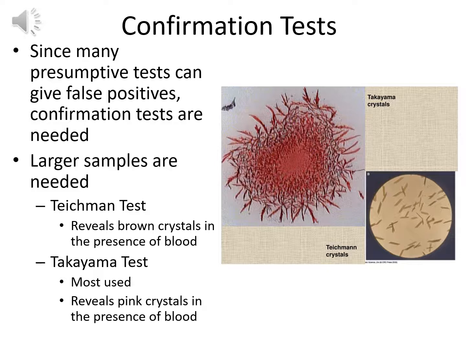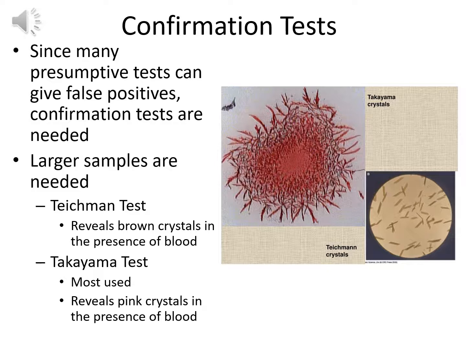Generally, the reason we do the quick presumptive tests is because they require very little sample. They can help you find that sample in a crime scene that you don't even necessarily notice that there's blood. The sensitive tests like the blue star test can help you find that. You do need larger samples generally for the confirmatory test.